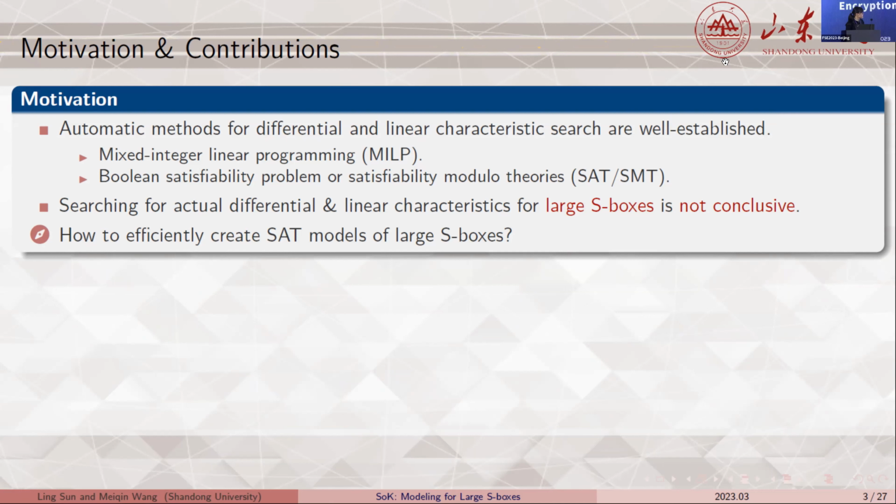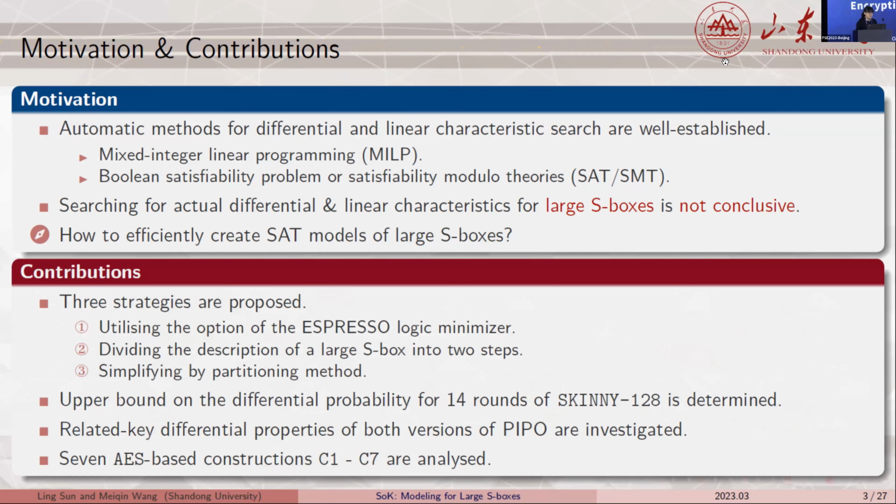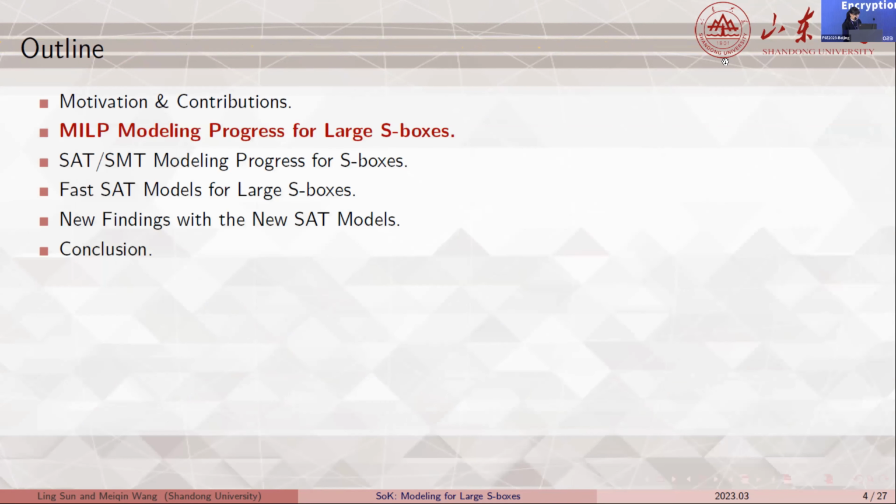So in this work, we intend to solve, or we say partially solve, this problem. That is how to efficiently create SAT models for large S boxes. Based on this motivation, 3 strategies are proposed. And with these new SAT models, we have some new findings about some primitives, and we will introduce this later. Now we briefly review MILP modeling progress for large S boxes.